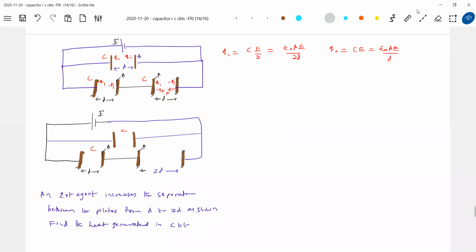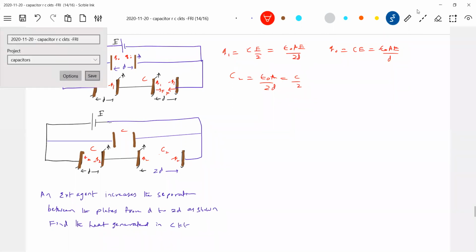So what will the final capacitance be here? C2, I'll write. C2 should be equal to epsilon naught A by 2D. This should be equal to C by 2. Now what can be the new charge? The new charge will be Q2, minus Q2. In exams, you can't draw many diagrams. Please try to minimize drawing diagrams because you have to save time.